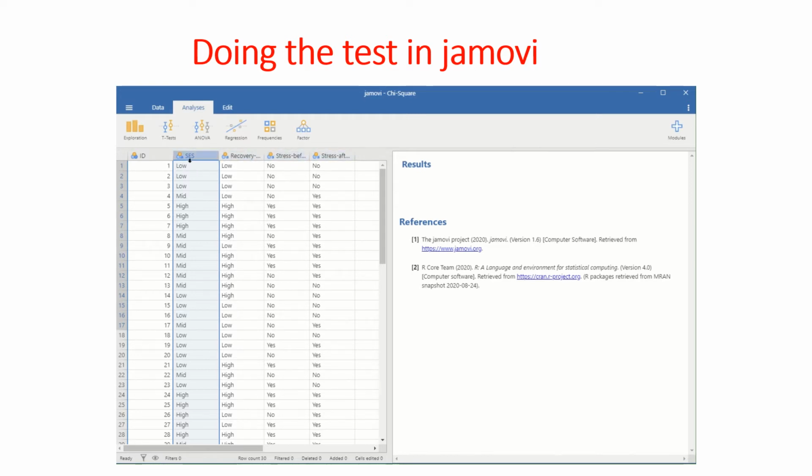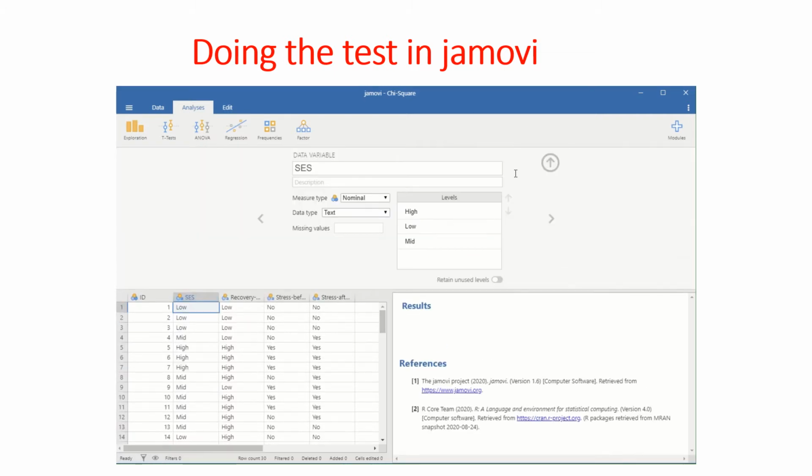But for now, we're going to focus on socioeconomic status, and the question we're going to answer is whether the different levels are spread out equally within this variable or not. We have three levels in this variable: high, low, and mid socioeconomic status.